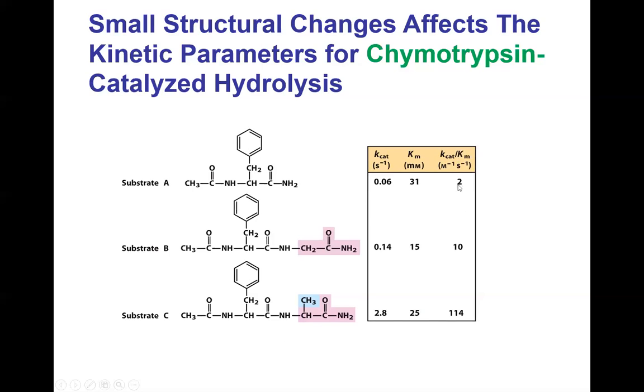But overall, kcat by Km improved by 114. It became 114. Dramatic improvements. So what I want you to take home is that small structural changes can affect kinetic parameters dramatically for different enzymes. And that makes sense. Enzymes are very picky.